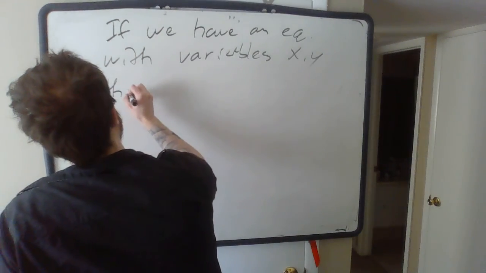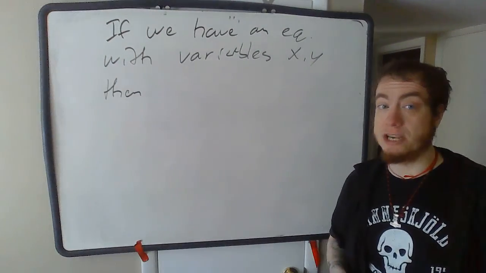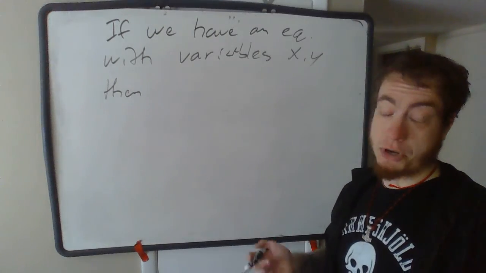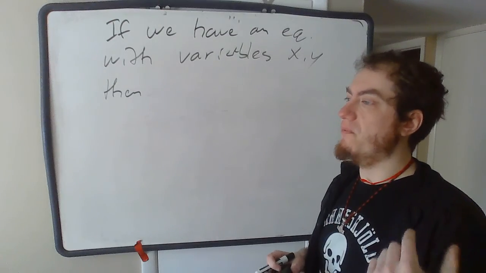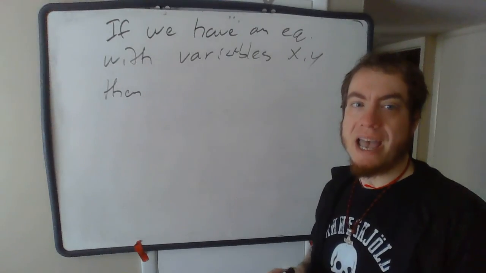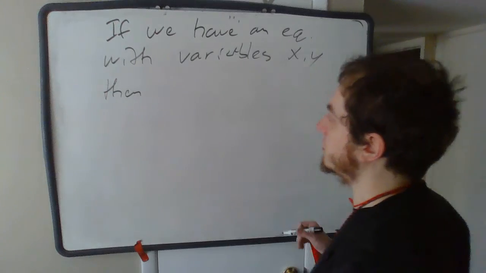Then, just like any other equation that involves a variable, when we talked about single variable equations, there are going to be values that make this true and values that make it false.